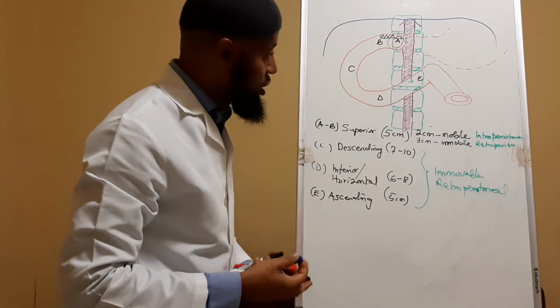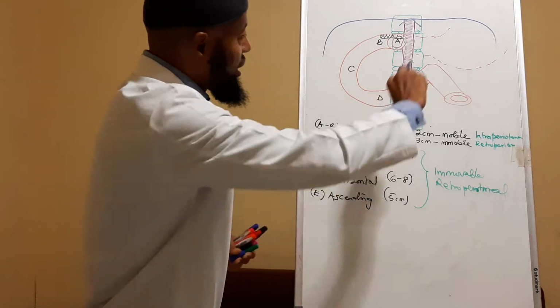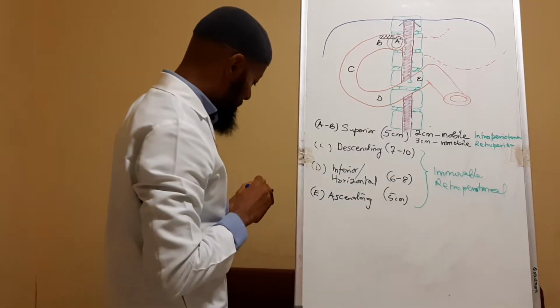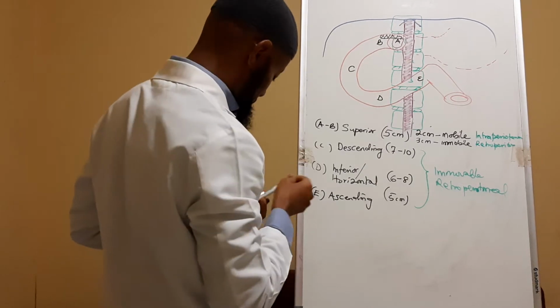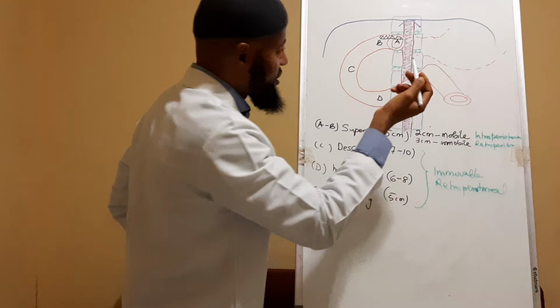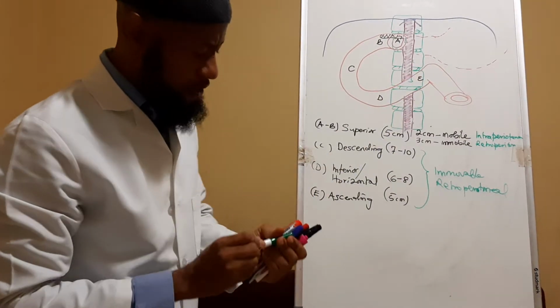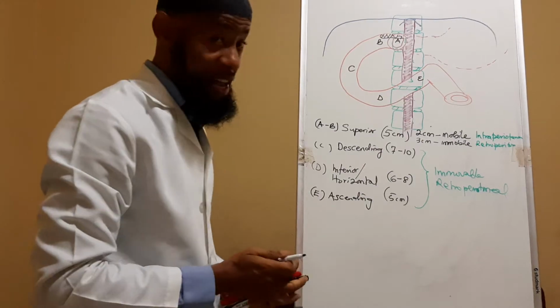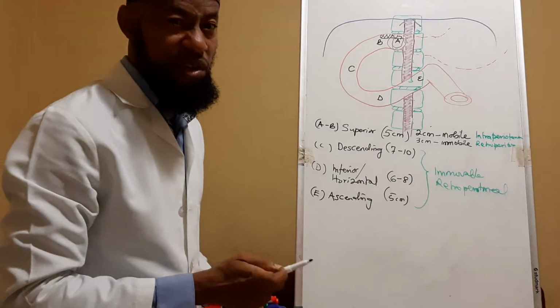Now, let's take these structures. Remember that your gallbladder is up there. So let's see. We have the pancreas. Let me use a black marker, but remember, your pancreas is not black.